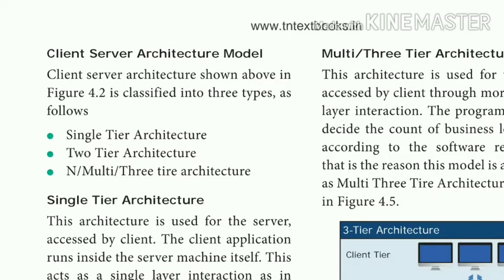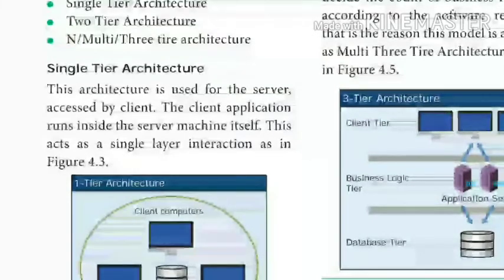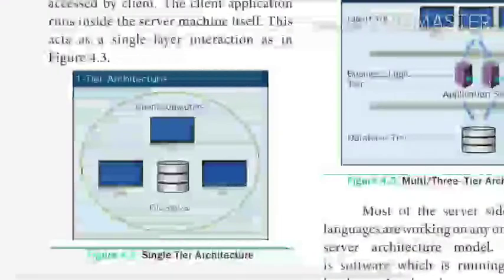Single tier architecture is used for the server accessed by the client. The client application runs inside the server machine itself, so it acts as a single layer interaction as in figure 4.3.